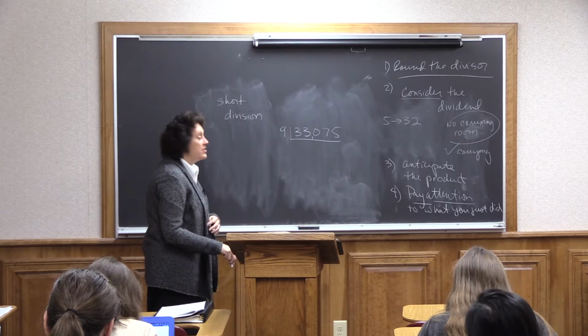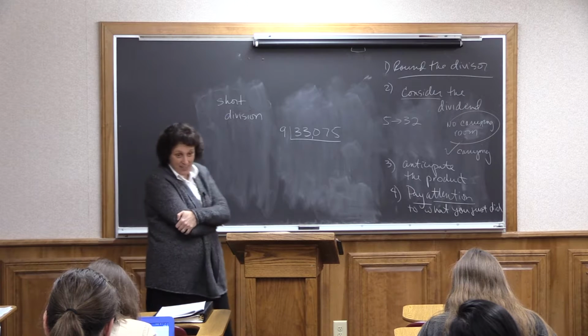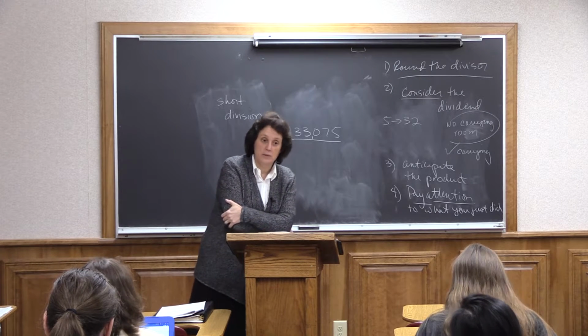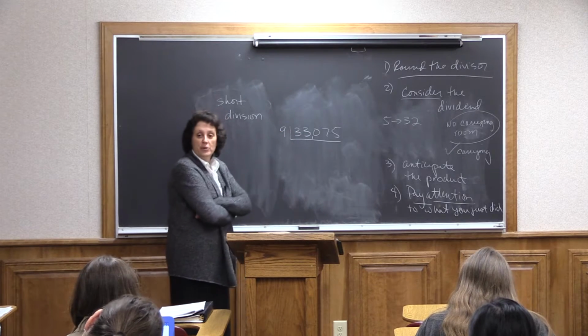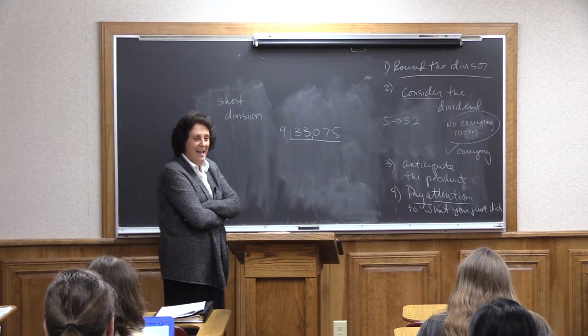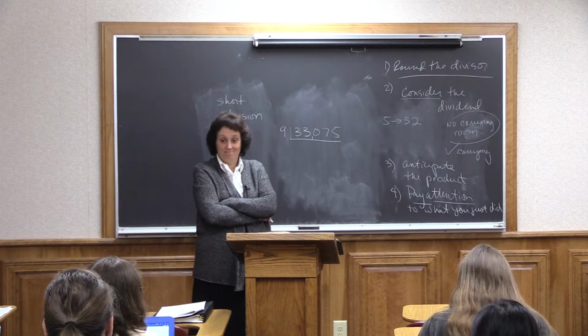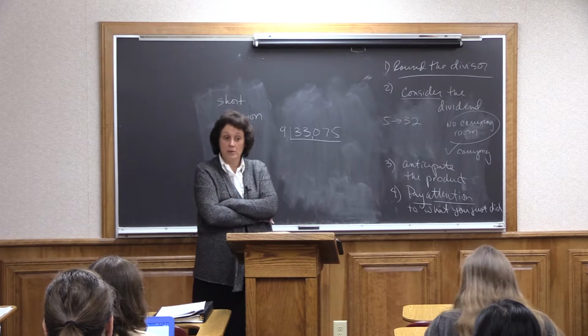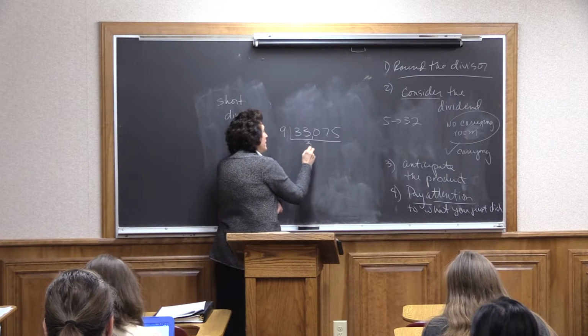Okay, short division requires us to do the multiplication and the subtraction in our mind. So 9 goes into 33 how many times? 3, 27, right? So 9 goes into 33 3 times.